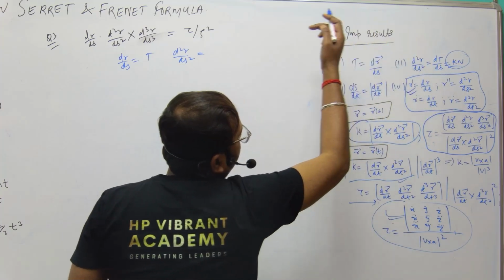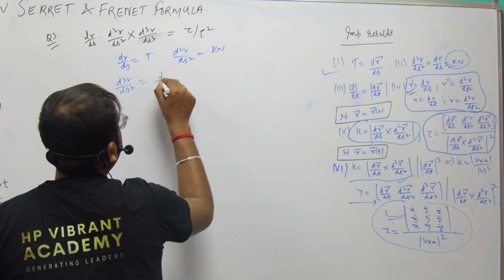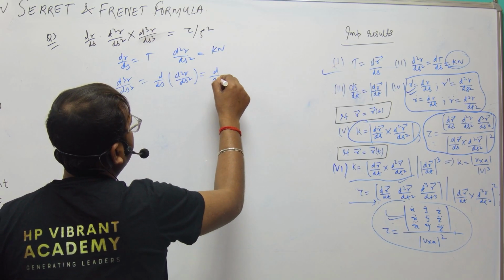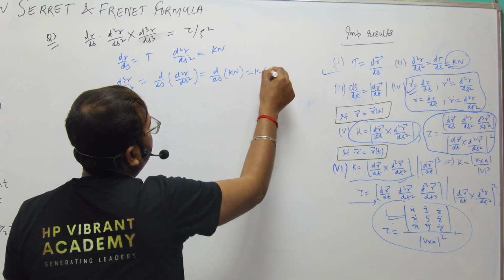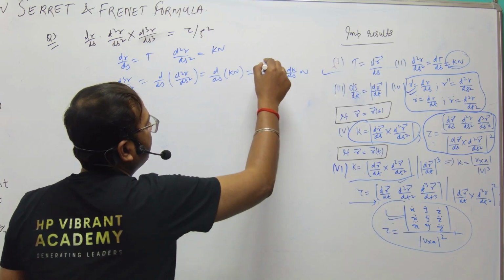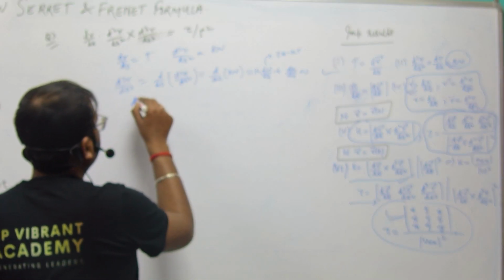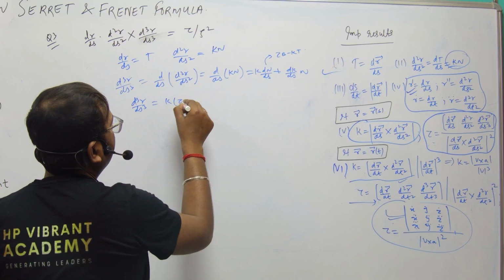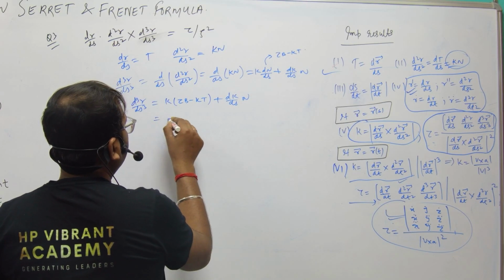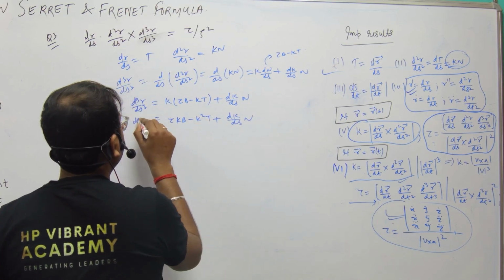Then d cube r upon ds cube is d upon ds of kappa n, equal to k times dn upon ds plus dk upon ds times n. We can write dn upon ds as tau b minus k t. So d cube r upon ds cube equals tau k b minus k square t plus dk upon ds n.